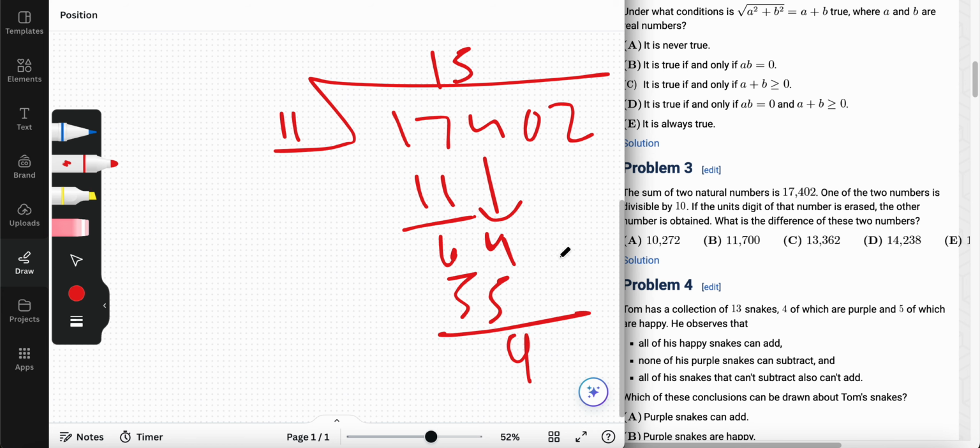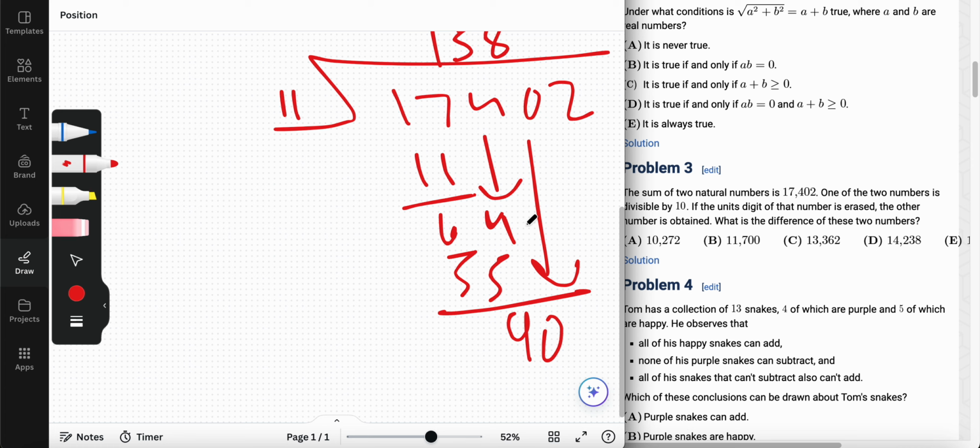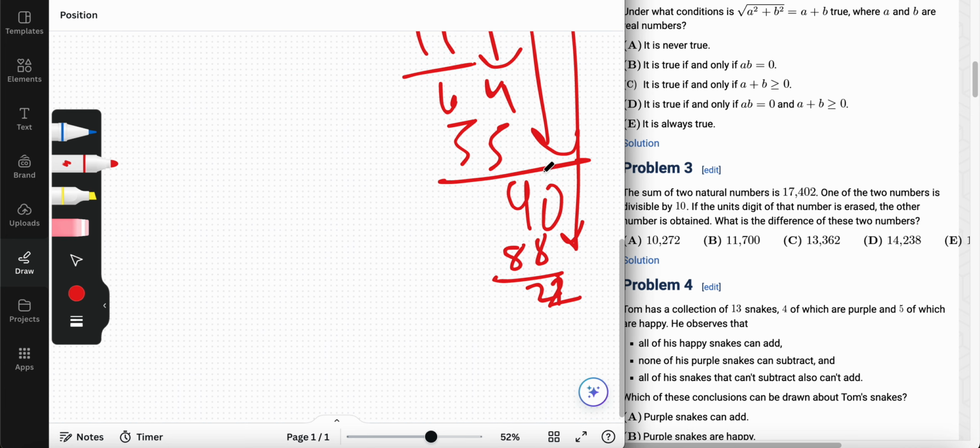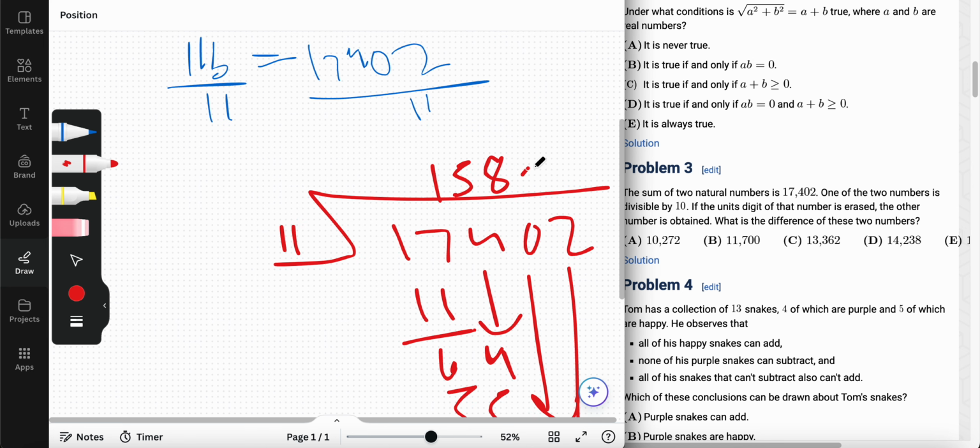I get 9. 0 comes down. 8 is 88. 2. This 2 comes down here. So I have 22 left. And then times 2. So 11 times 2 is 22. I get 0. And then I just put a 2 right here. So basically, this is what b is equal to.